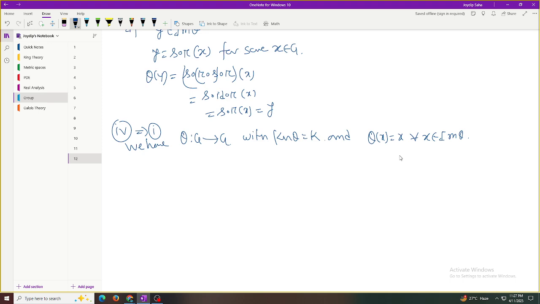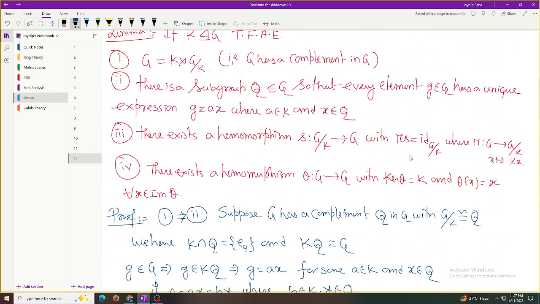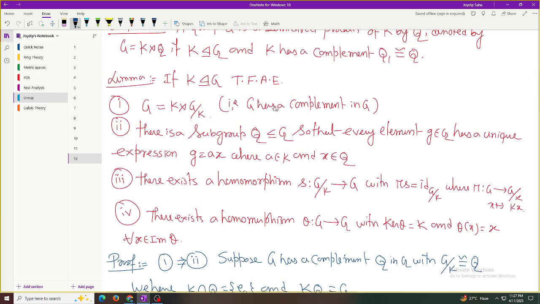We need to show that K has a complement in G. Okay, we need to show that.